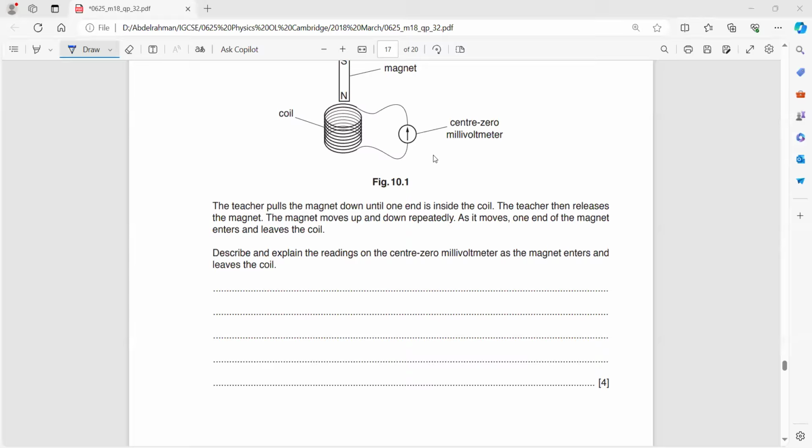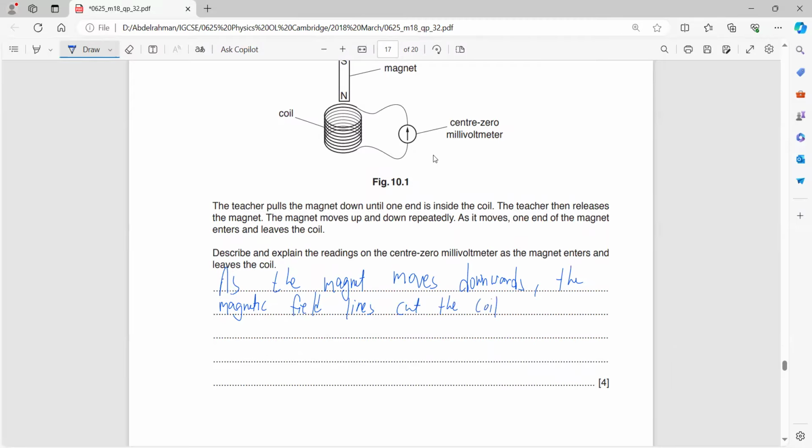As, for example, the magnet moves downwards, the magnetic field lines cut the coil, and the voltmeter deflects in one direction.